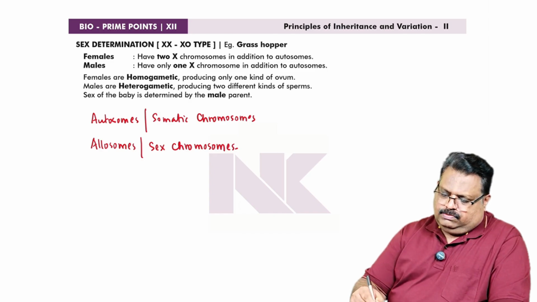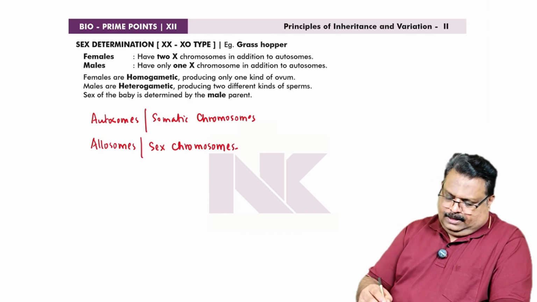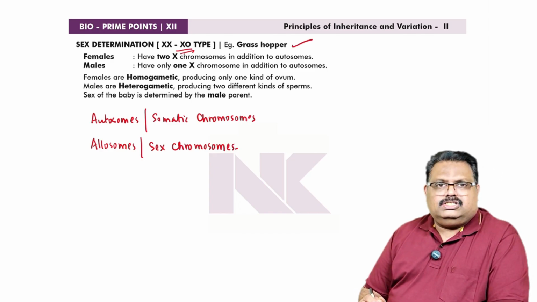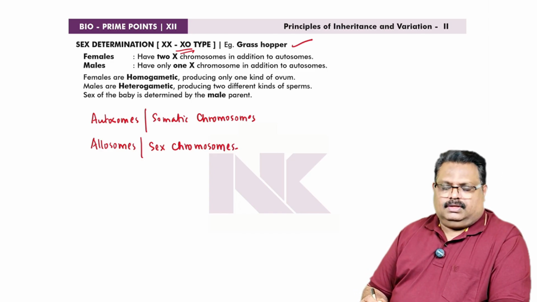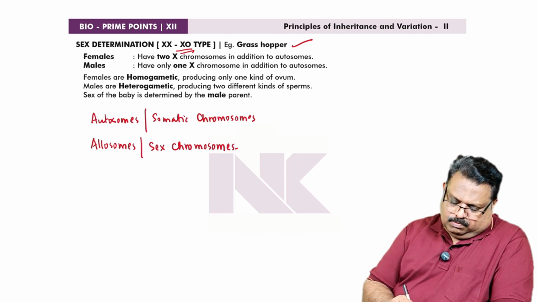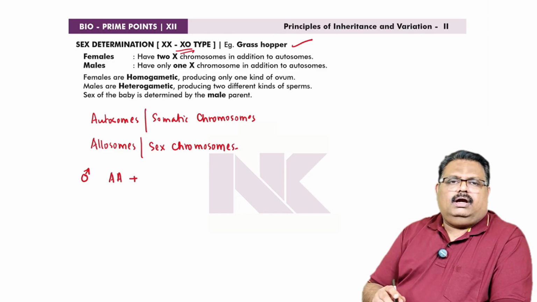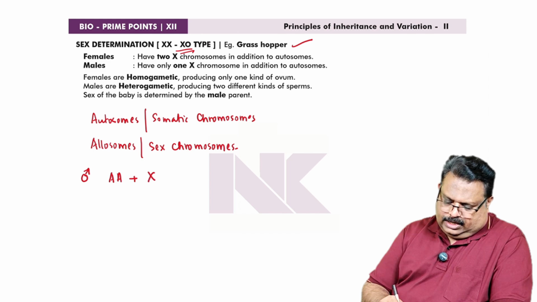In grasshoppers, there is a peculiar type of sex determination called XO type. What is that? In grasshopper males, autosomal pairs are there. In addition to autosomes, there will be only one type of sex chromosome, only one X chromosome.